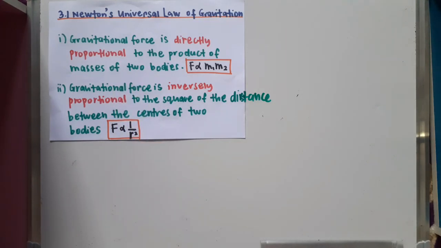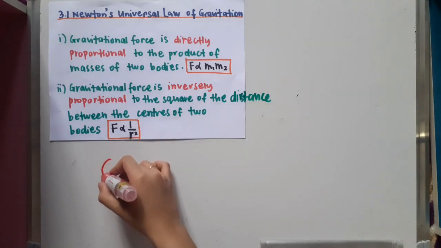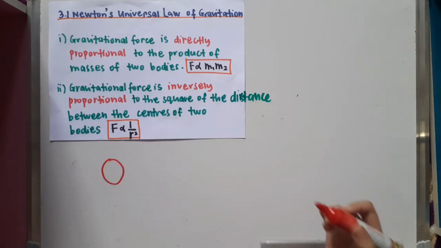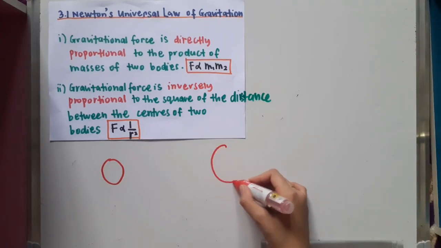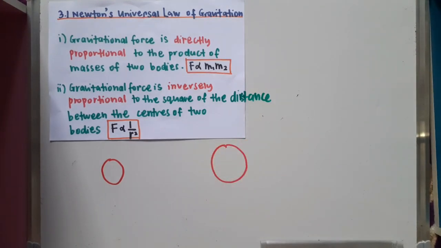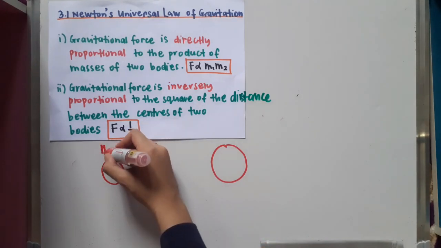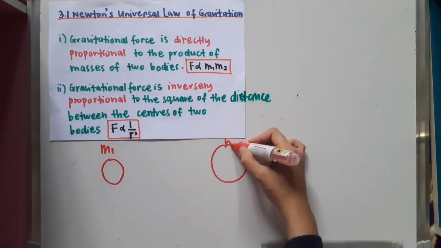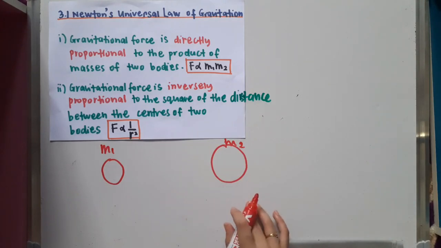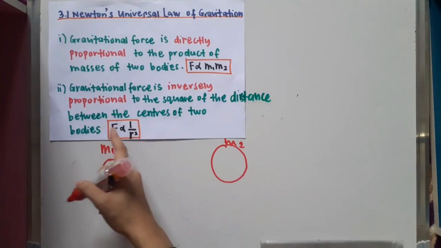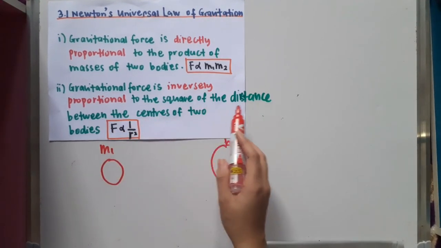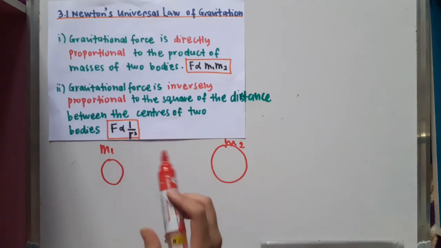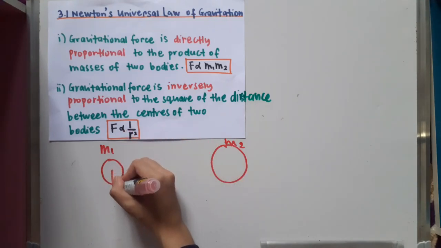So Newton said that there is a gravitational force between each two objects. So this is two bodies or two objects. The first one is m1 and the second one is m2, mass 1, mass 2. For the second statement, it says the square of distance between the centers of two bodies.